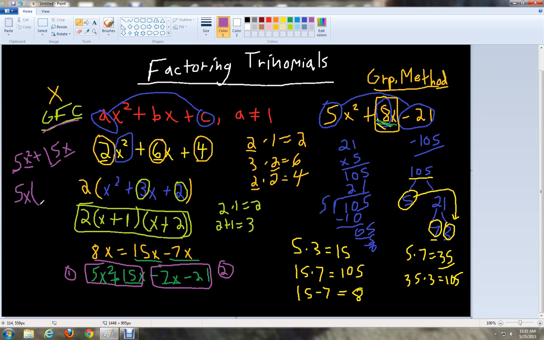So 5x and then times, 5x times what is 5x squared? Well, all we need is one more power of x, so we just have x, because 5x times x is 5x squared. And then plus 5x times what is 15x, so we already have x here, so 5 times 3 is 15, and then we know 5x times 3 is 15x, so that works. So that takes care of the first group, and we'll just write that down here.